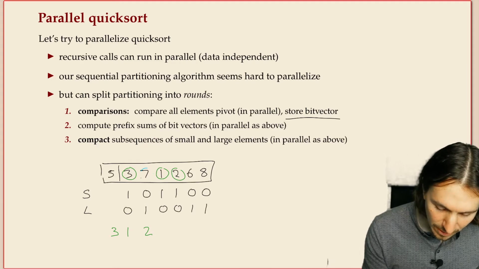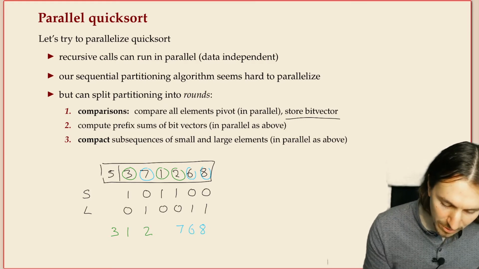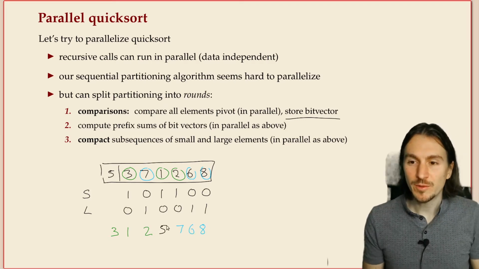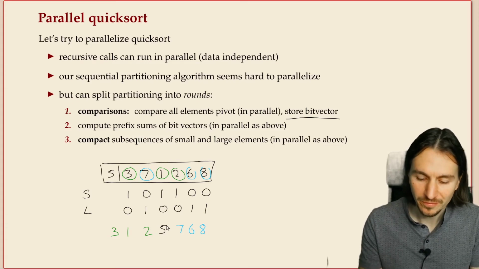And the other ones have a 1, so we want to put them after the pivot and put the pivot in between. That is partitioning in a way that is friendly for parallelization.